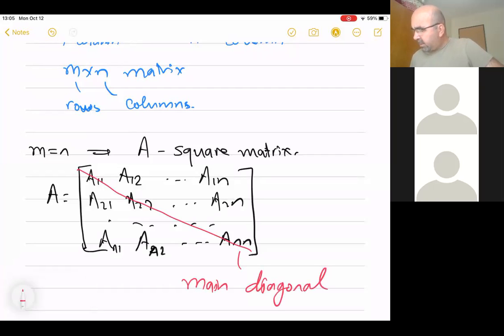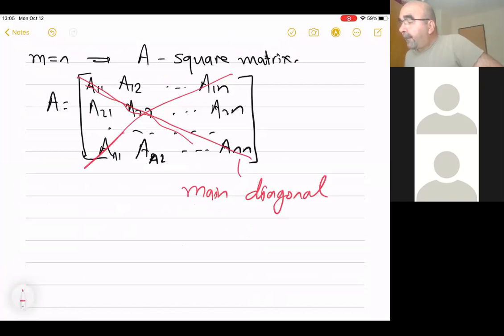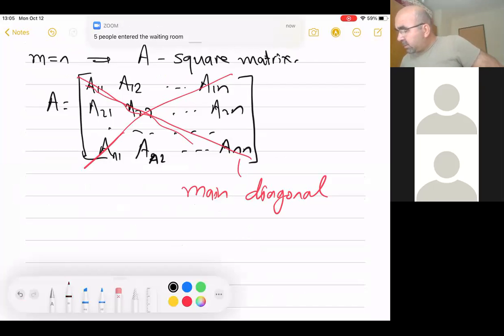There's also another diagonal like this, but we will usually be interested in this main diagonal. This is an N cross N matrix.